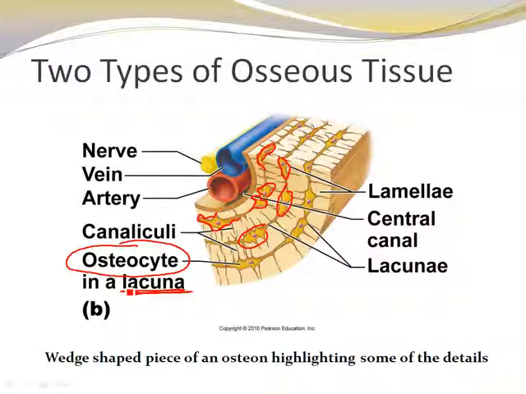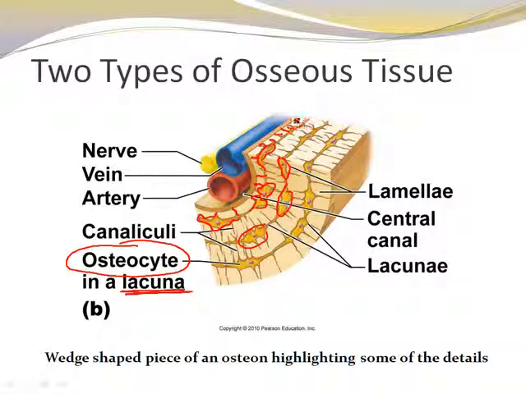And you heard about lacunae back in Unit 2 when you were learning about cartilage, because the chondrocytes, the cartilage cells, hang out in those little chambers as well. And then I want you to also notice on this diagram, these cells have these little projections that are extending off of them.